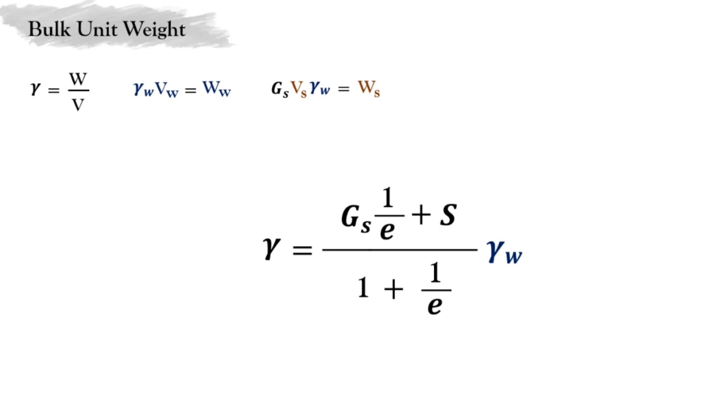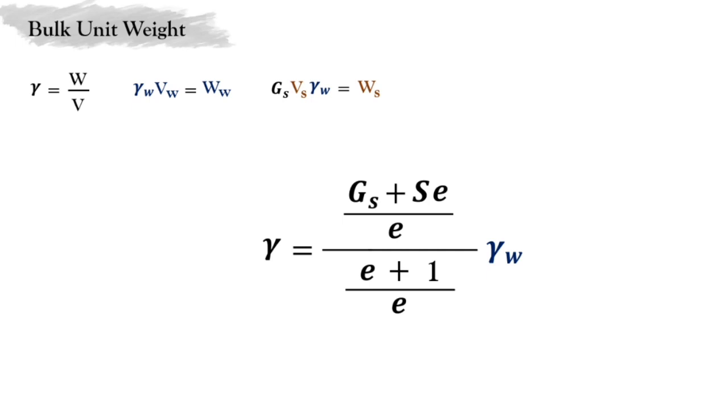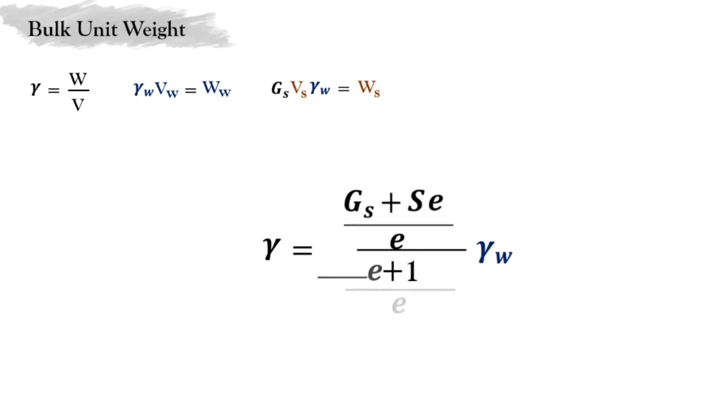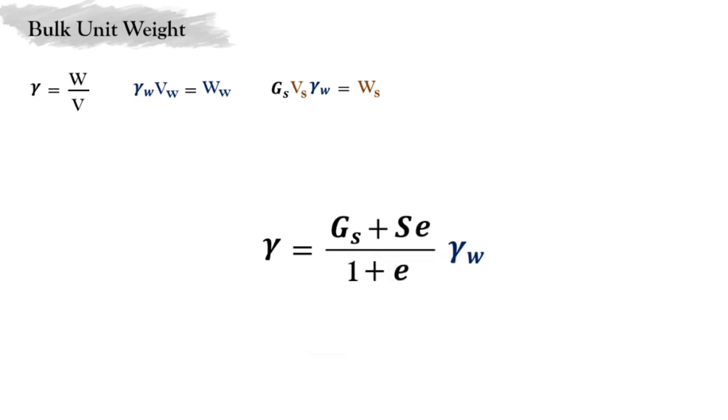So, simplify na lang natin yung numerator and also the denominator. And ayusin natin yung buong equation for the bulk unit weight. At magka-come up tayo dito. Gs plus Se all over 1 plus e times the unit weight of water. So, ito yung ika-apat natin na formula ng bulk unit weight.